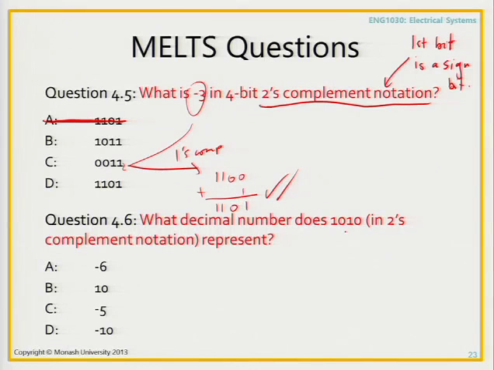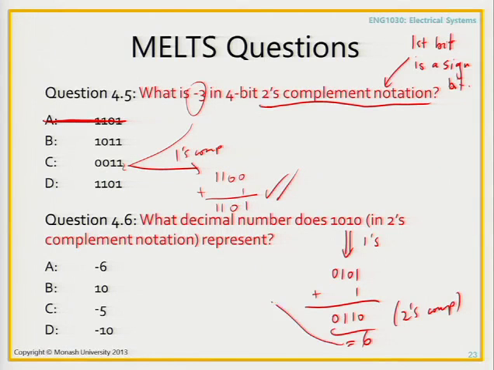The 2's complement we find by inverting the bits, giving us the 1's complement, which will give us 0, 1, 0, 1. And then we add 1 to it to give us the 2's complement. This gives us 0, 1, 1, 0. So that's the 2's complement. Right? And 0, 1, 1, 0 is equal to 6. And therefore this number represents minus 6. Well done.